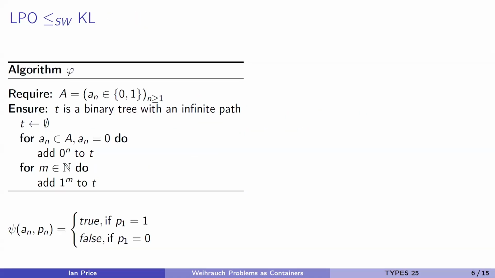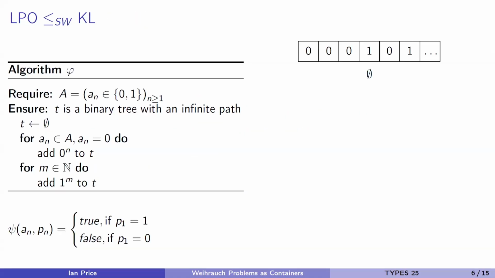Proof by animation, a very common proof technique. I start with an infinite binary sequence at the top, and I'm going to try and create a tree to give to my oracle. Every time I see a zero, I'm going to add something along the leftmost branch. So attach something to the left of the root, attach something to the left of that, and to the left of that.